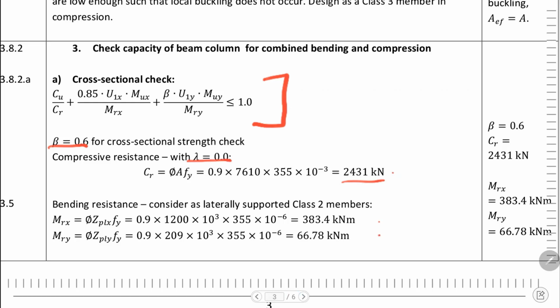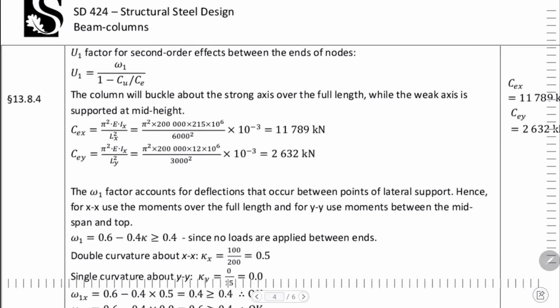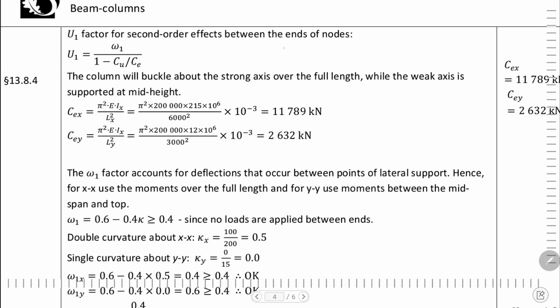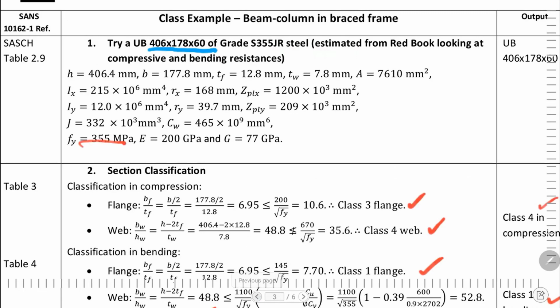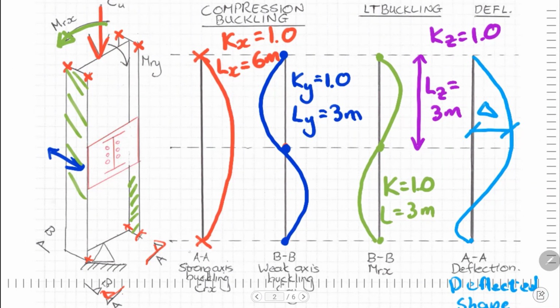We continue on now. So I'm going to go through this quite quickly. You can check all the details afterwards. U1 factor for second order effects between the ends of the node. So just remember the diagram I was showing earlier. Here we have a deflection, delta. We need to make sure, does that make our situation worse or better?